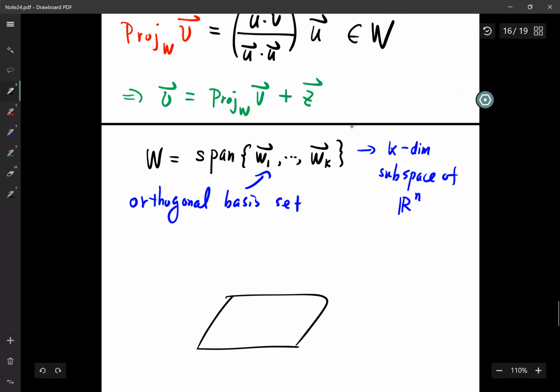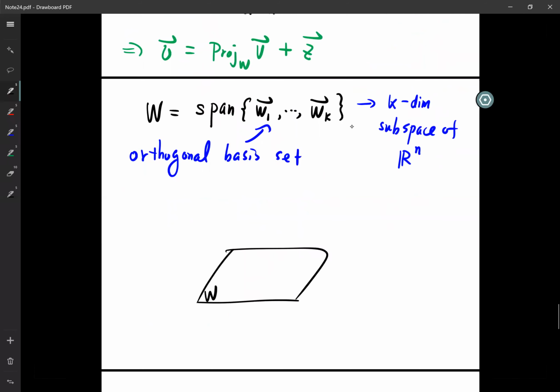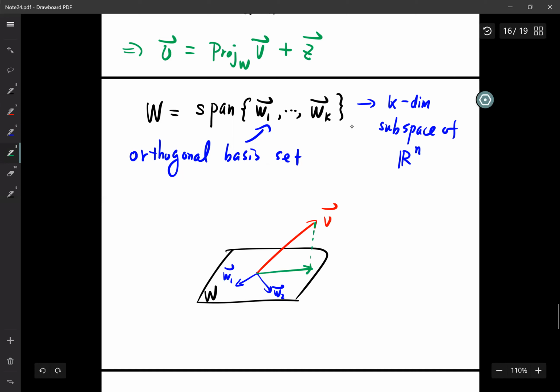So this is W, so that has two basis vectors. This is the origin. Let's say this is W1, some orthogonal stuff, W2. So this defines a plane. Now I have a vector called V. How do I compute the projection? Intuitively, I can just do this. This one is the projection.